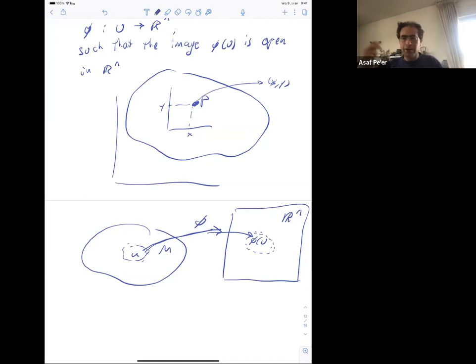So again, think of it at home a little bit. This is exactly what the coordinate really is. It's just a mapping phi from a point in space into a set of numbers. So now I know that this point is assigned a set of numbers. Okay, think of it, it's a bit abstract.